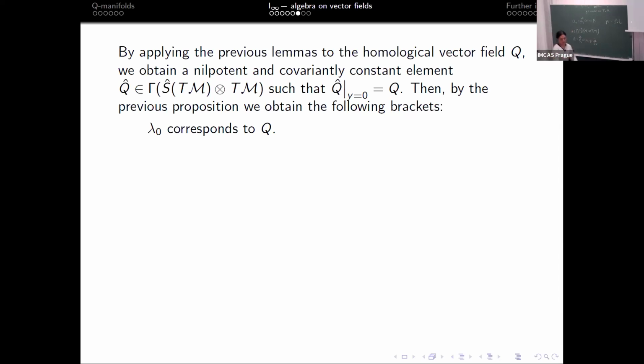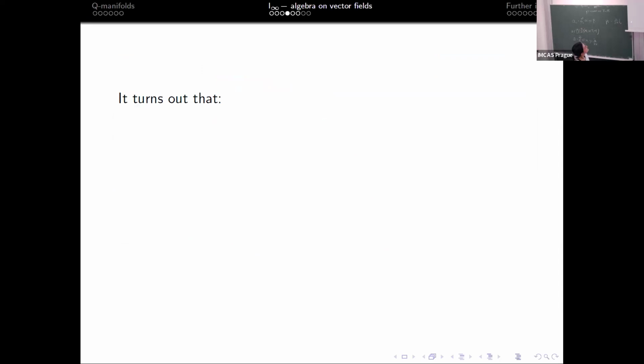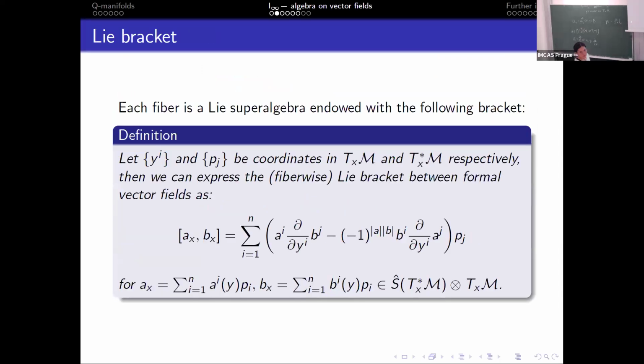The thing is that, let me go to the definition of the Lie bracket. I have this definition here. So you are always taking derivative with respect to y coordinates. You fix the point and you make this derivation along y. The pointwise bracket is a formal field.